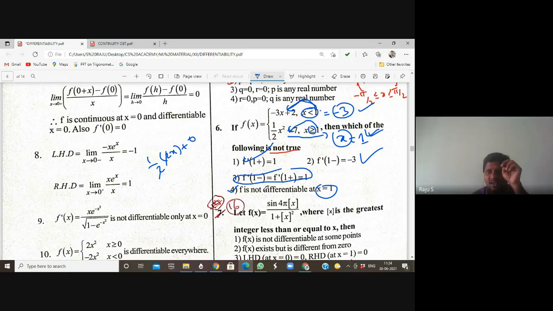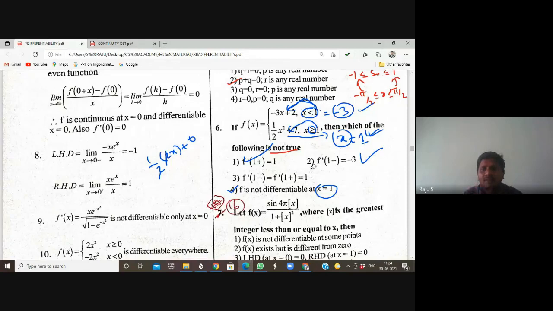Clearly fourth option is right, then third option is absolutely wrong. Not differentiable is right, but in the third condition they gave that the left hand derivative equals the right hand derivative, which is equal to 1, saying it is differentiable at 1.